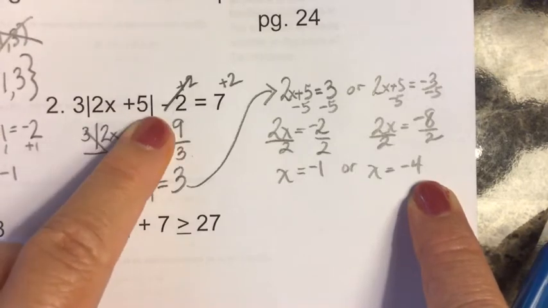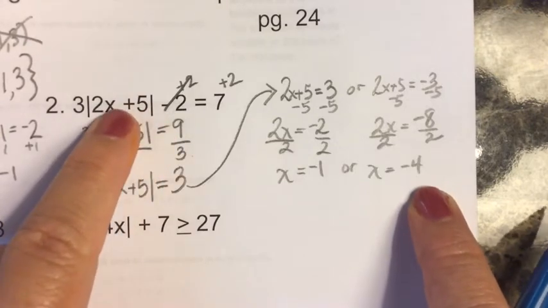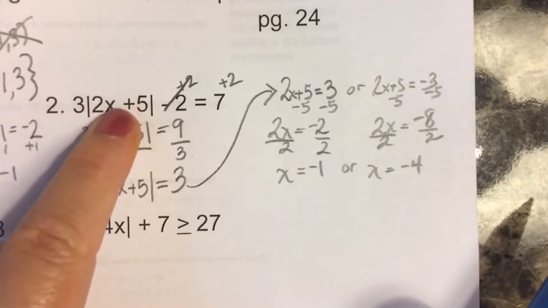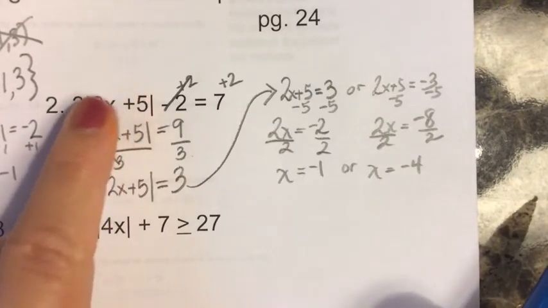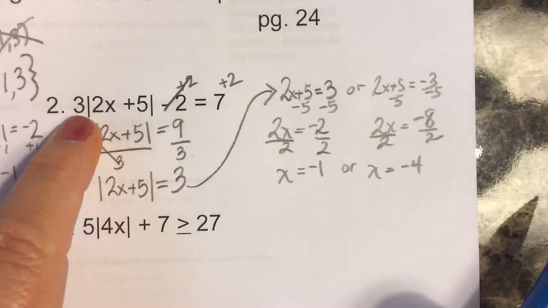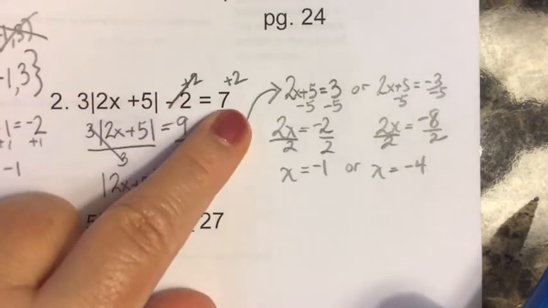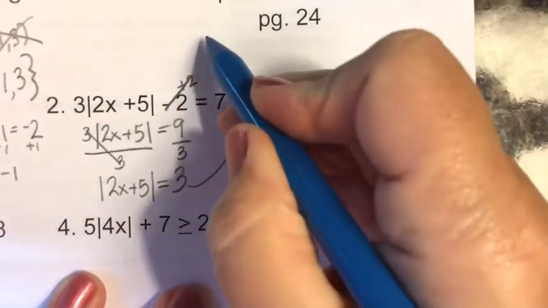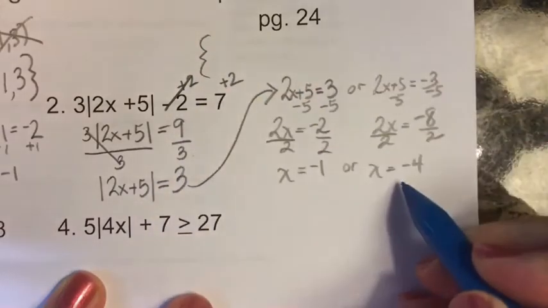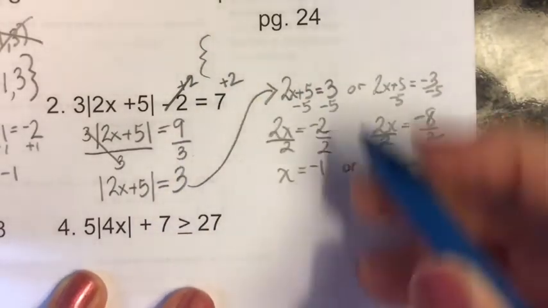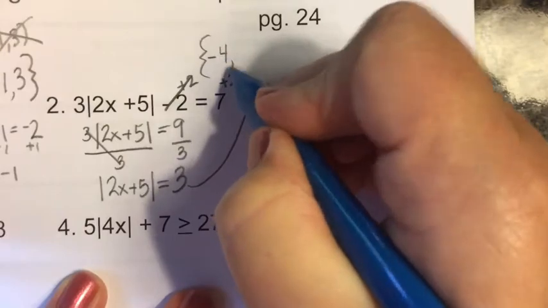Negative 8 plus 5, negative 3. The absolute value of negative 3, 3. 3 times 3, 9. 9 minus 2, 7. Both of those are my solutions. The solutions are, and I'll just put them in numerical order, smallest to largest, negative 4, negative 1.